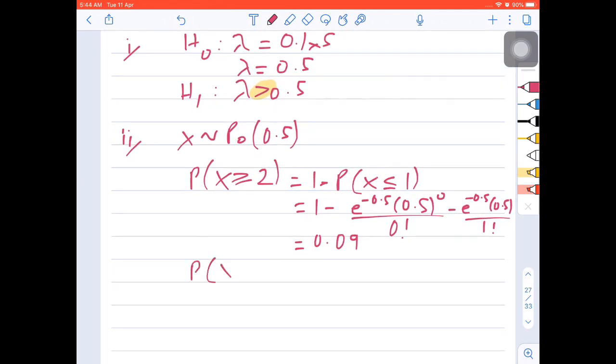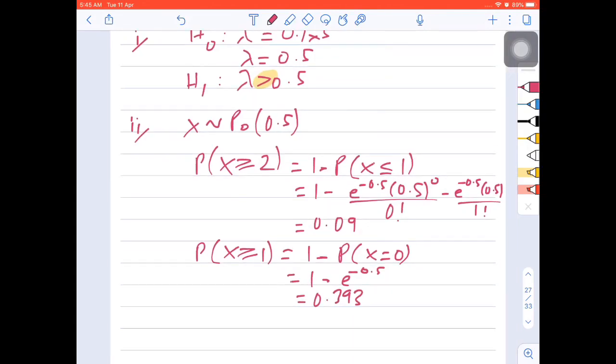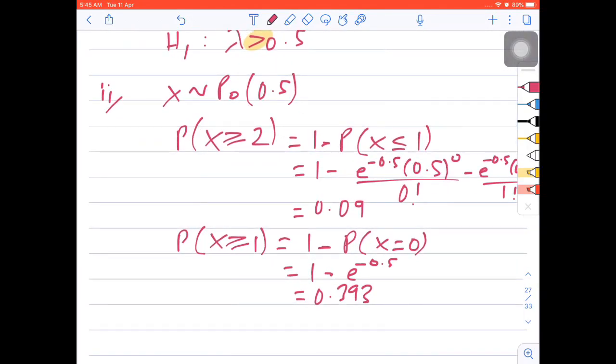So the probability of X greater than or equal to 1 will be 1 minus the probability of X equals 0, that is 1 minus e to the power negative 0.5, that is 0.393. Since this is more than 0.1, we will not use it.